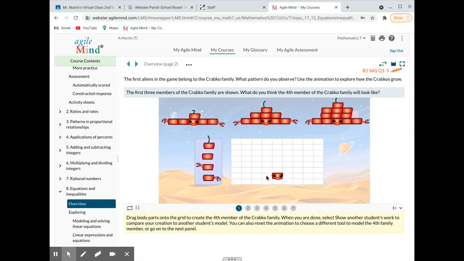How many spaces are going to be beside his head? 2 on each side. All right. Then we need his crab arms. It's pretty gross. What do we need to do above him? Add 3 rows.